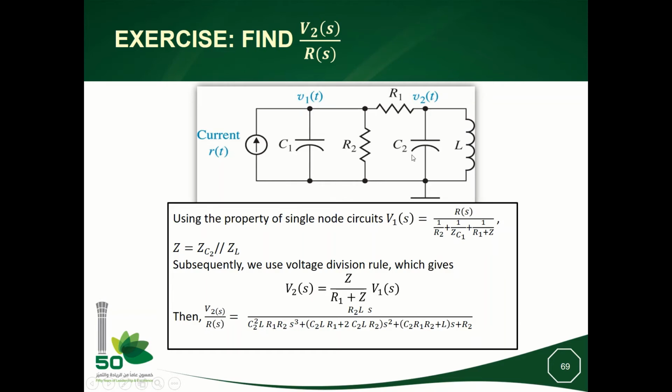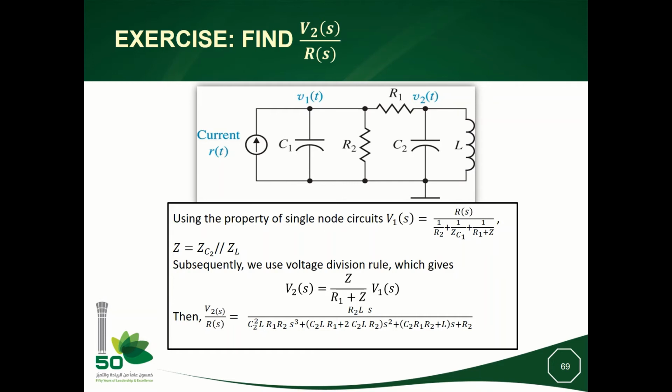So it is ZC2 parallel ZL. The ZL is j omega L, and it is LS.